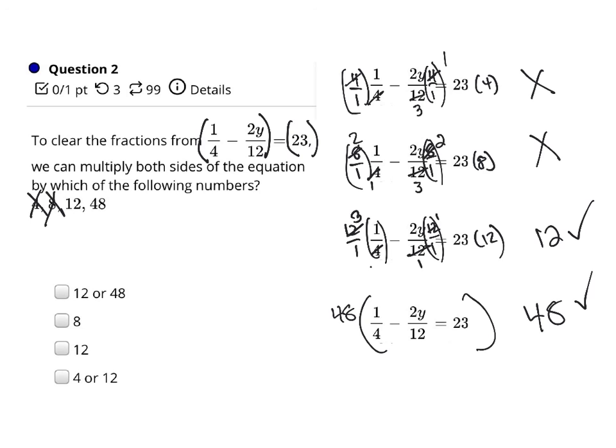So we're going to use 12 or 48 because I'm multiplying this term by 48 over 1, and this term right here by 48 over 1, which cancels. And then I'll just multiply this by 48. And this one will cancel too. So 12 and 48 work.